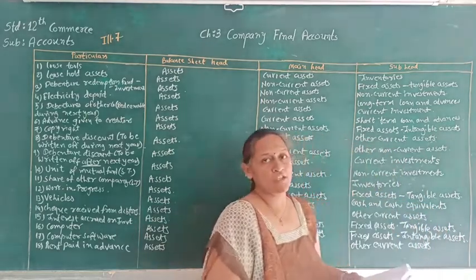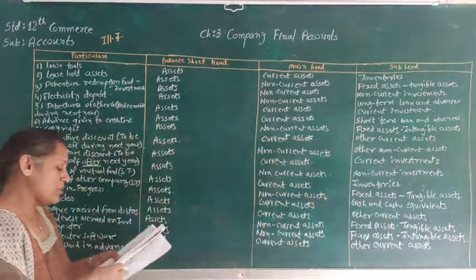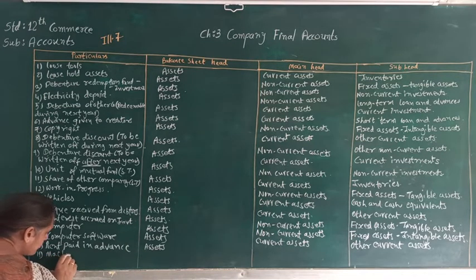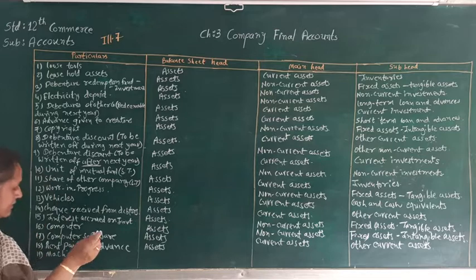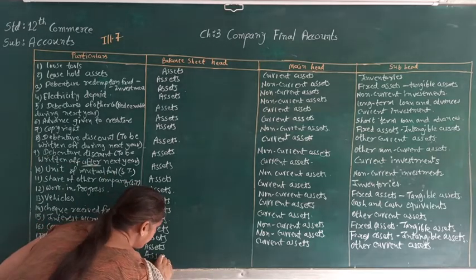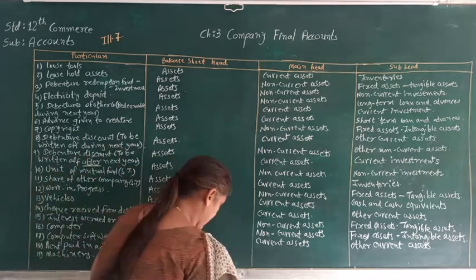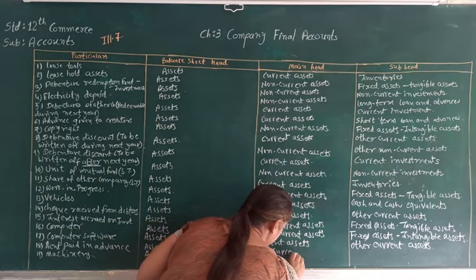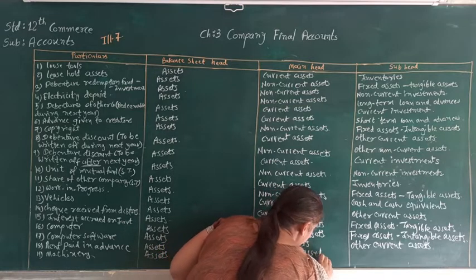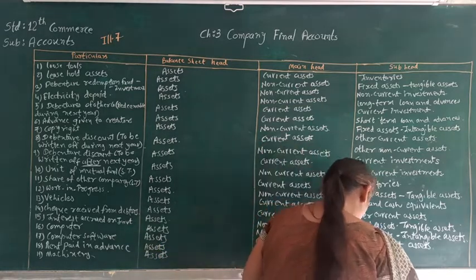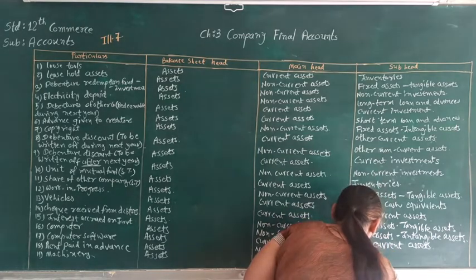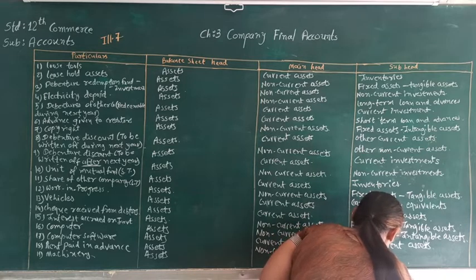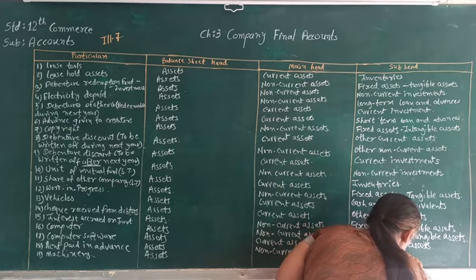After that, the next one is machinery. So machinery is a non-current asset that we know. Machinery is an asset, where we write it as a non-current asset. And after that, it is a fixed tangible asset. Fixed asset, tangible asset.